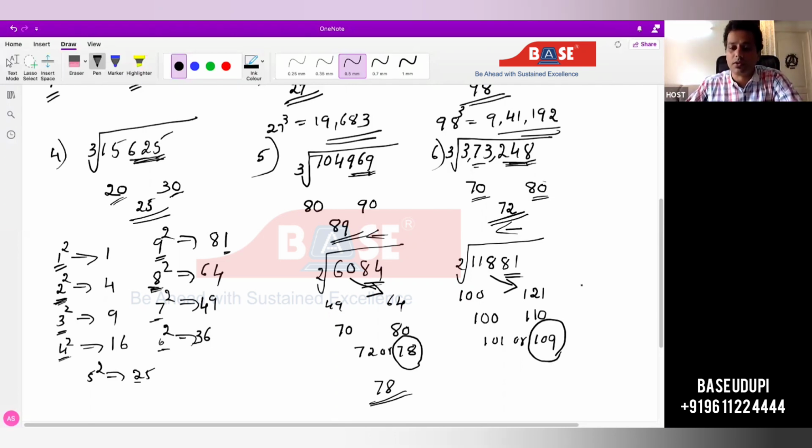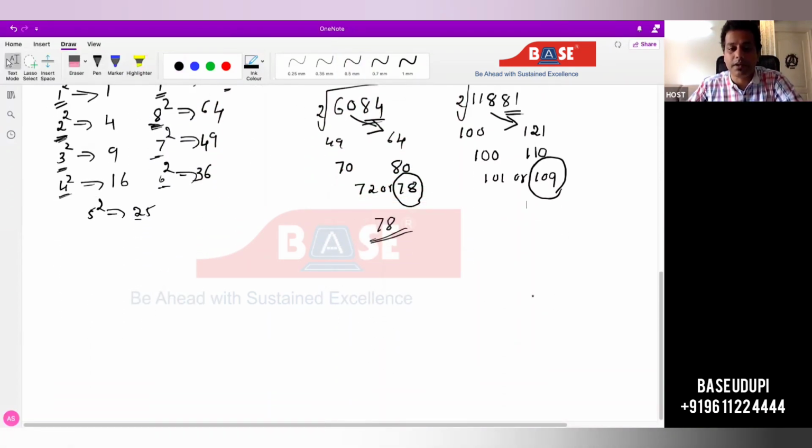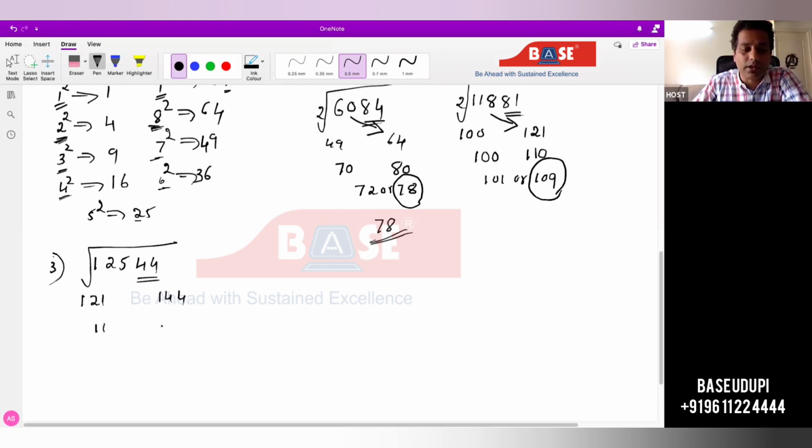All right, let me take a few more examples. Third one, say 12544. Last 2 digits 44. What is left out is 125. It is between 121 and 144, between 11 square and 12 square.